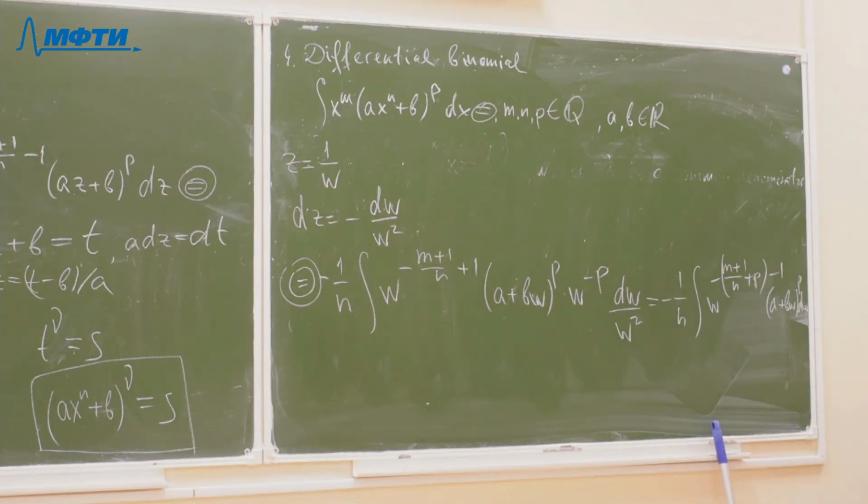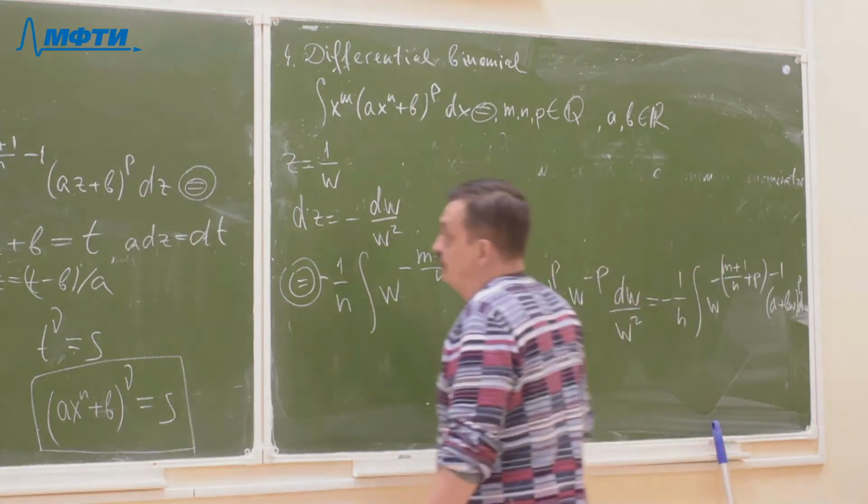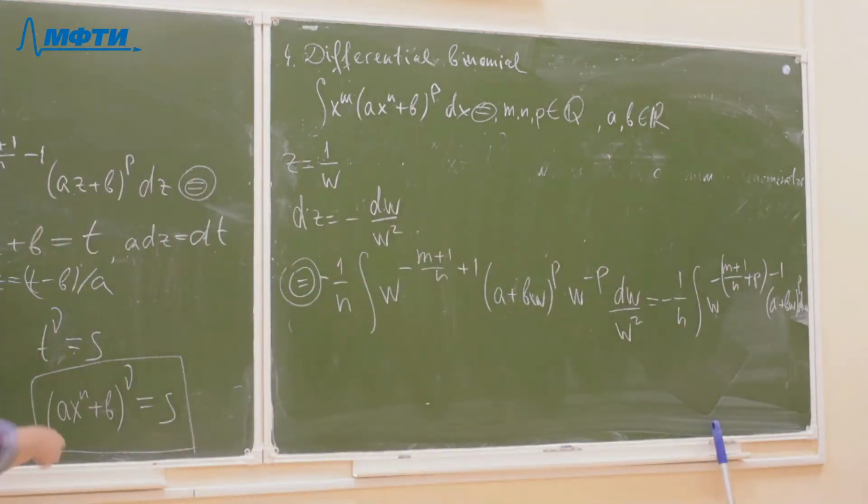So what do we have here now? Look, compare this with what we have at that point. It's very similar, right? So we were able to compute this integral for the case when this ratio is an integer, right?